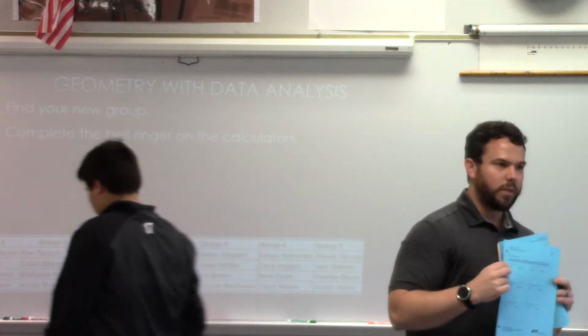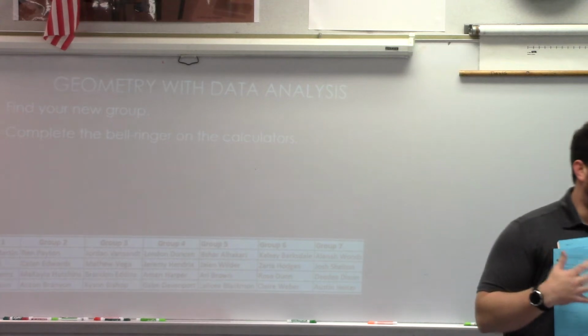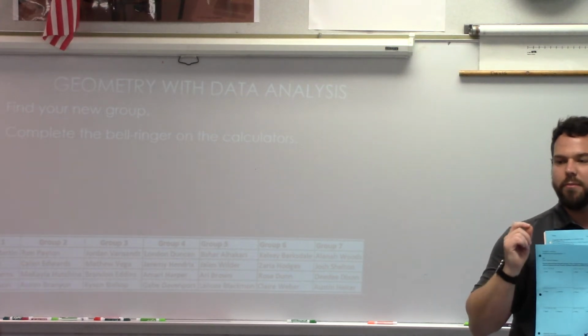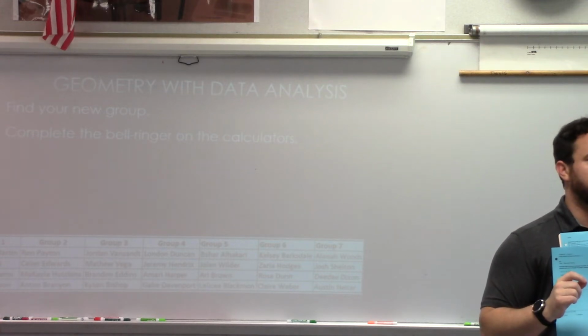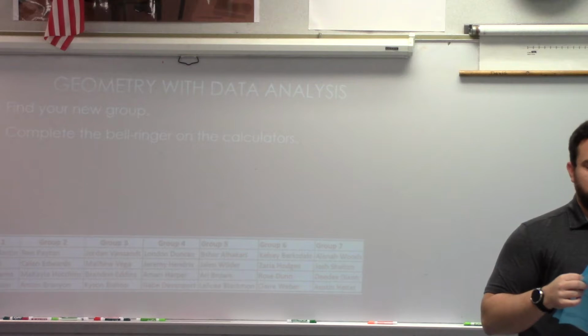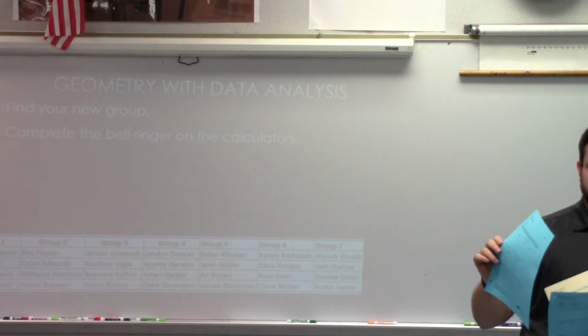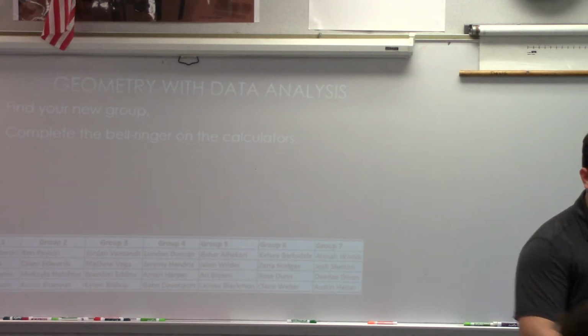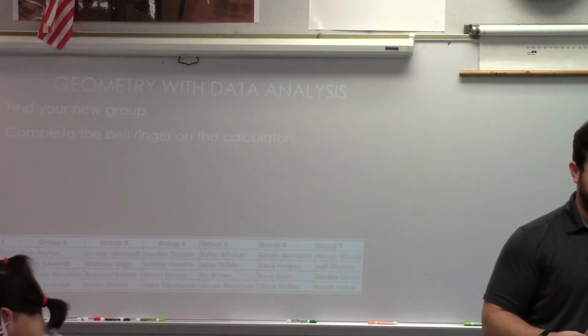Okay? So for all pairs of points, you're going to find the slope between them, the distance between them, and the midpoint between them. Is that clear? Okay? This, again, is review and to help you practice the skills that I've noticed we need the most help with.